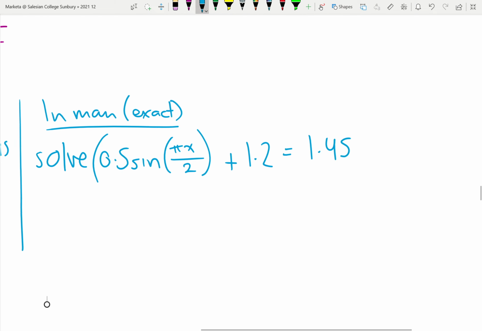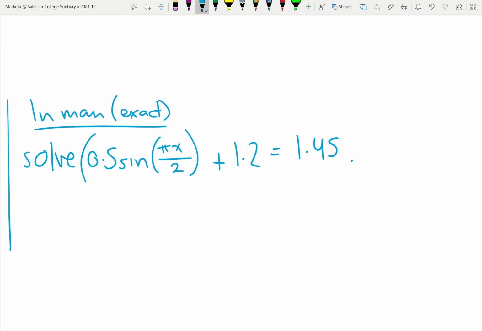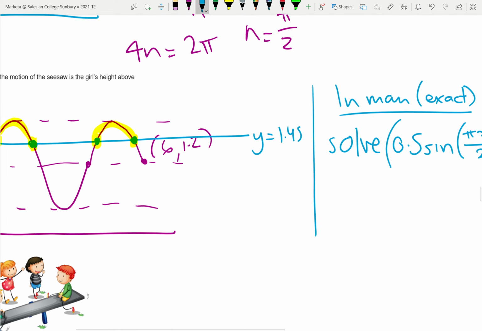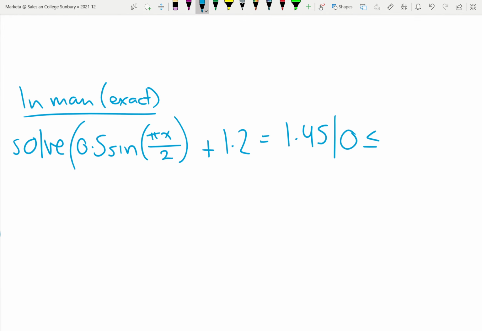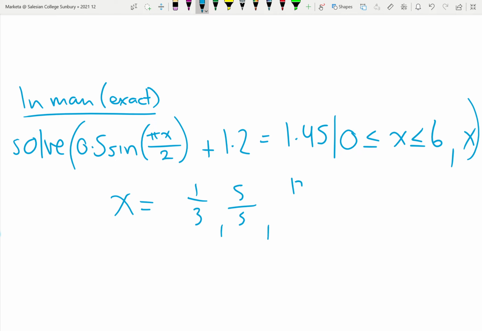And then I'm going to have to put a restriction. If I just put comma x here, I'm going to get a general solution. So if I put a restriction and say it was from 0 to 6 that we want, and then comma x, close brackets, it tells me x equals 1/3, 5/3, 13/3, and 17/3.